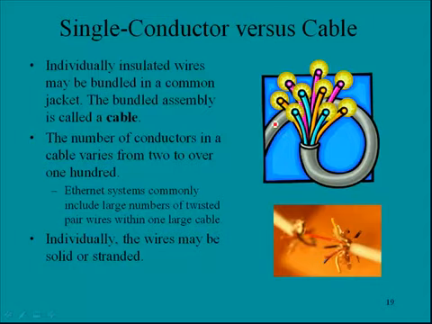The number of conductors in a cable varies from 2 to over 100. Many Ethernet systems commonly include large numbers of twisted pair wires within one large cable. Individually, the wires could be solid or they may be stranded.